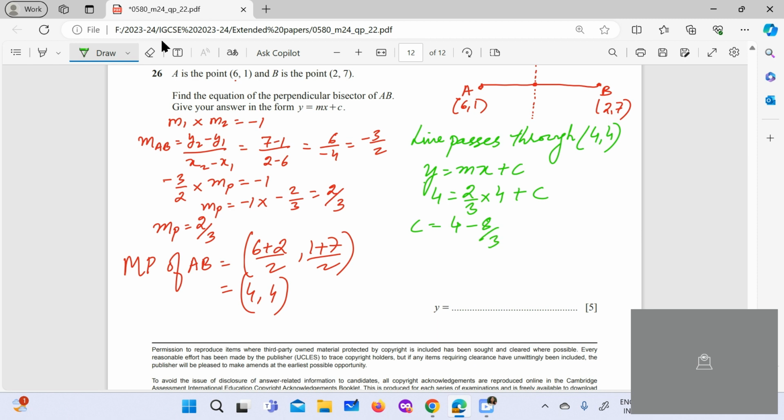When we solve this, you will get 4 over 3. So c is 4 over 3 and m is 2 over 3. So your equation of the line will be y = 2 over 3 x plus 4 over 3. So this is our final answer.